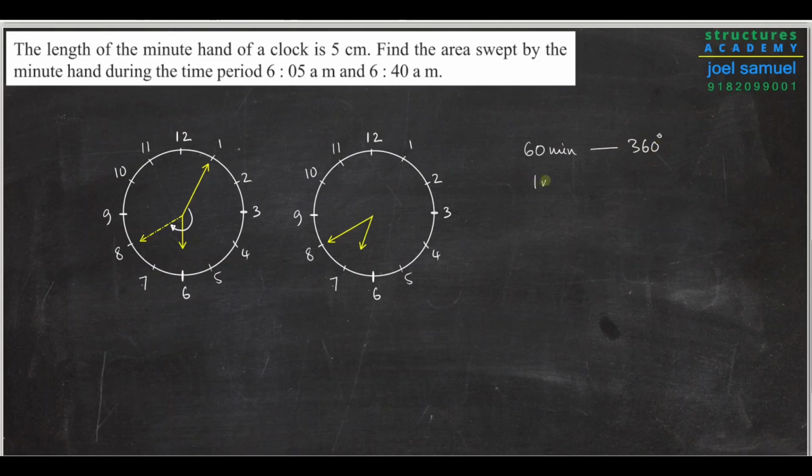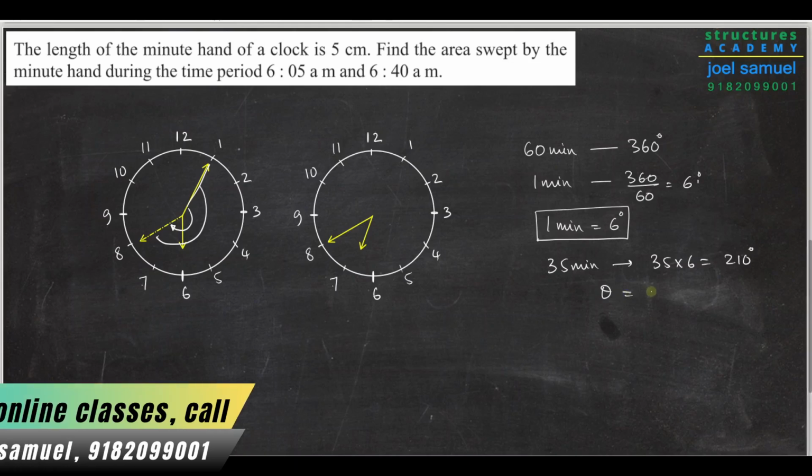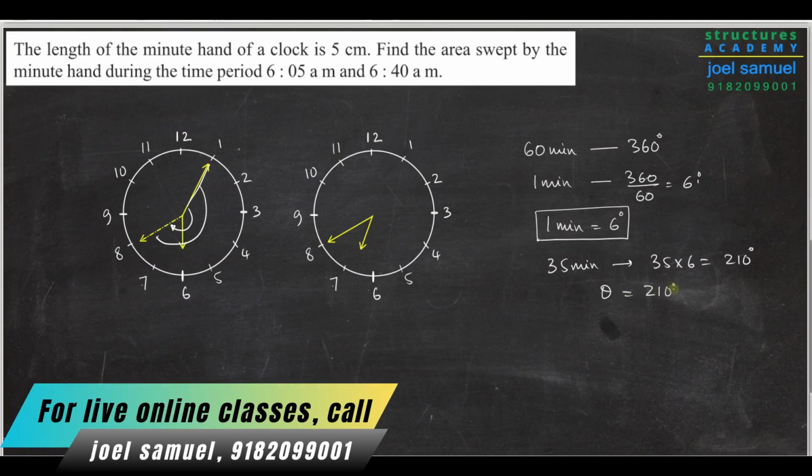So 1 minute accounts for 360 over 60, that is 6 degrees, which means 1 minute is equal to 6 degrees on the clock. So now if you notice, in moving from 1 to 8, we are covering 35 minutes. So therefore 35 minutes accounts for 35 times 6, which comes to 210 degrees. So this would be the theta value while calculating the sector area.